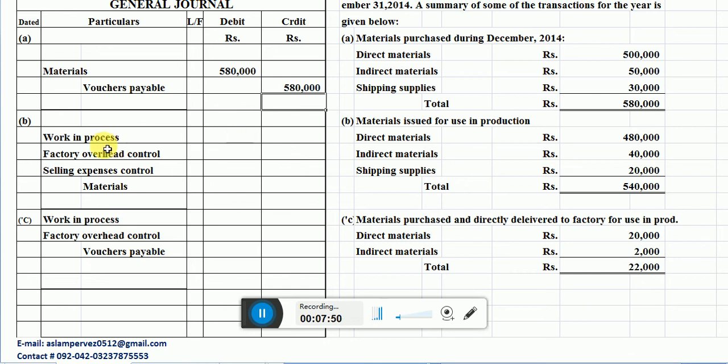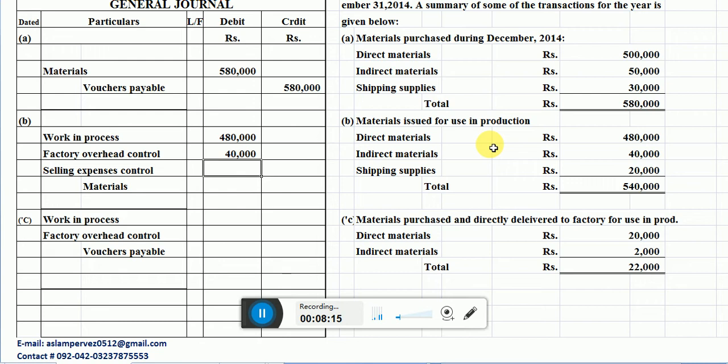Students, we have to debit it in three accounts. As direct material, which is 4,80,000 rupees, charged to work in process; indirect material, which is charged to factory overhead control, the amount is 40,000 rupees here.